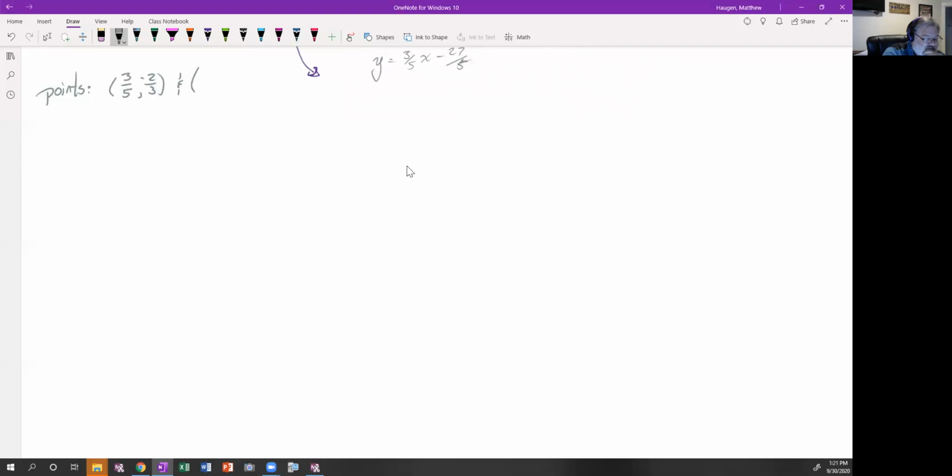And the other point is going to be -1/5 and 1/4. Let's have one of them be common and the other one not. Build the equation of the line passing through those points.